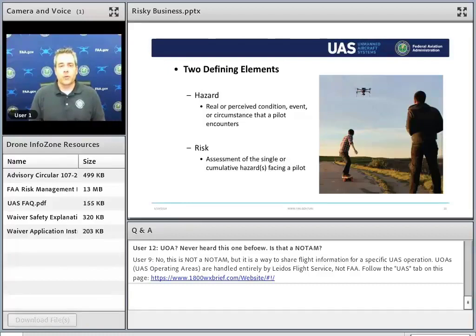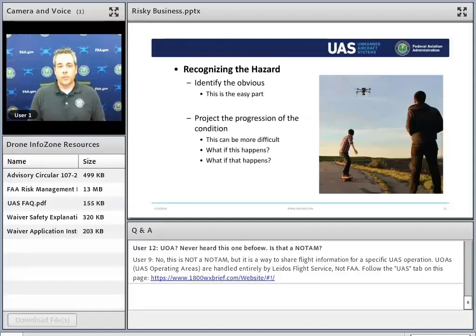But you could probably look at that photo right there and say, you know what, there are some real conditions out there that you could encounter as a UAS operator. I can just see that in the photo. The risk is the assessment you make as the remote pilot of those hazard or cumulative hazards facing you. So the hazard is the thing. The risk is the challenge it poses to you and the threat to safety for you. So those are two key elements we want to talk about.